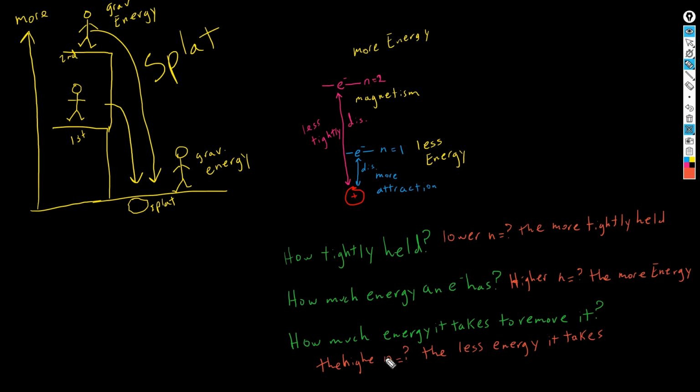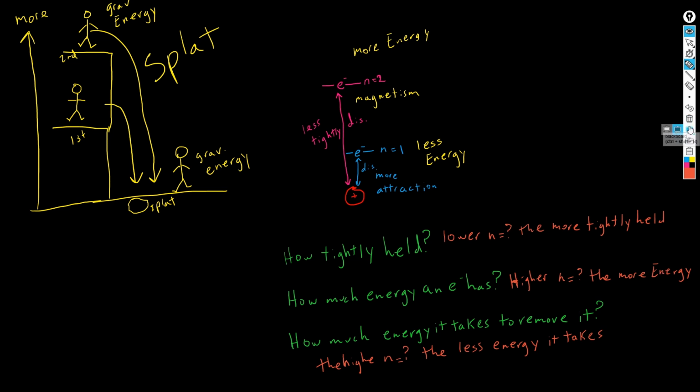How tightly it's held and how much energy it takes to remove the electron go together. The lower the energy level, the more tightly it is held, and the more energy it will take. How much energy an electron has is the opposite.